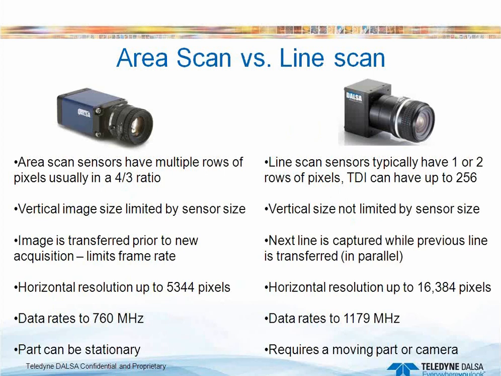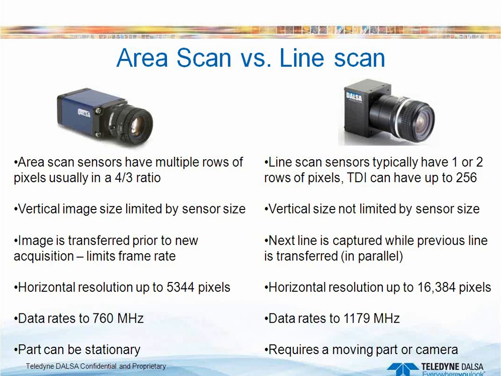The area scan cameras have a sensor with multiple rows of pixels. Usually it's a 4:3 ratio. So you would be limited on both the horizontal and vertical size, and that's your CCD or CMOS sensor. You capture an image on the CCD and then it's transferred, and it's limited by, of course, your frame time, or the frame rate, as it's called.